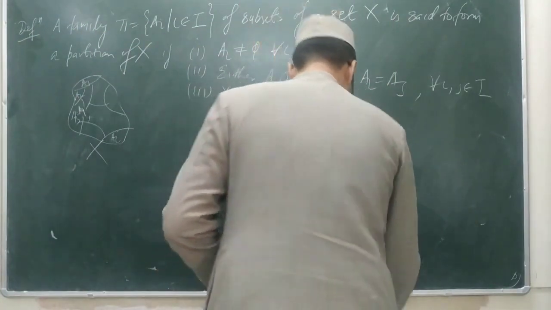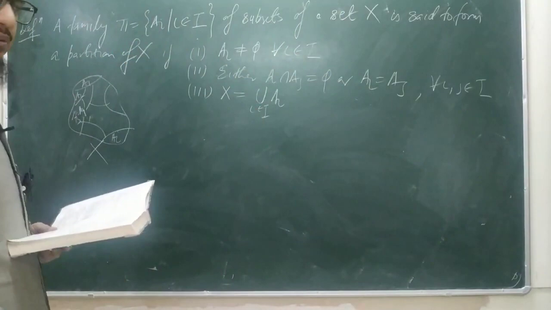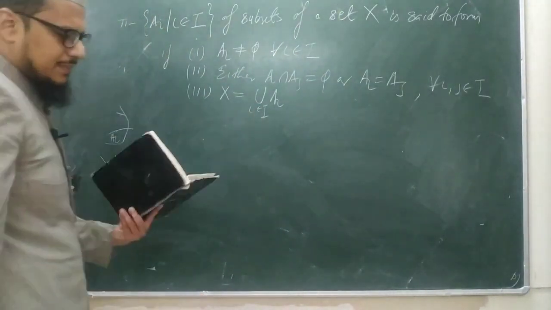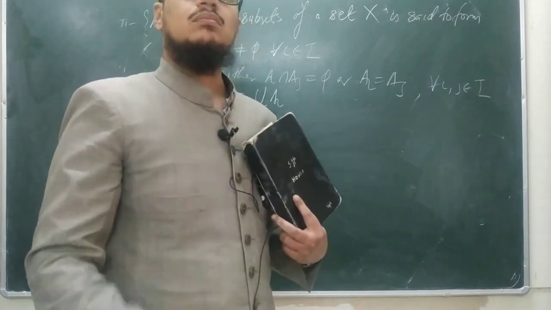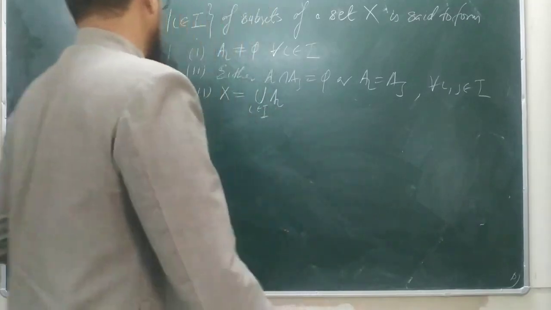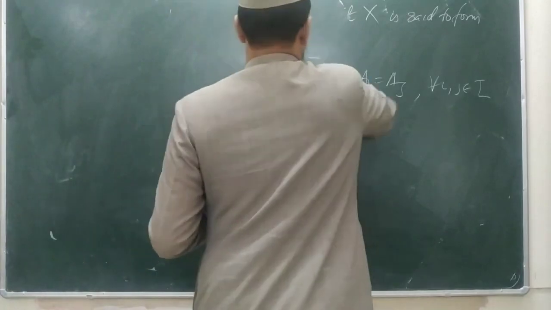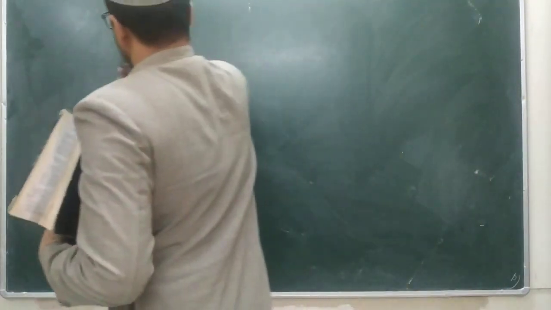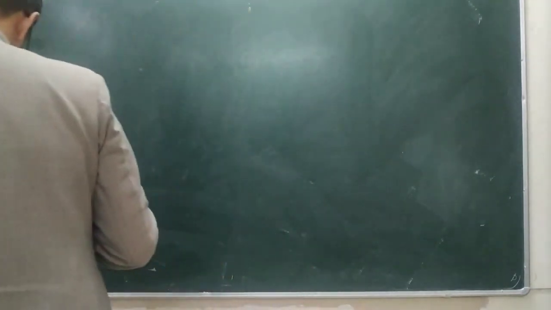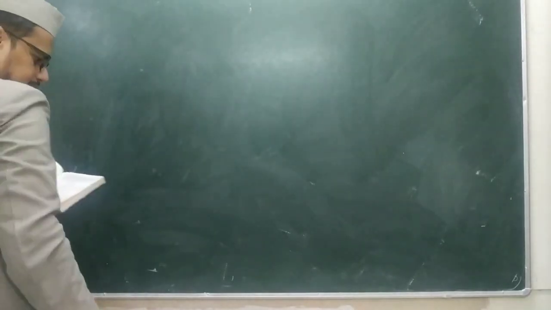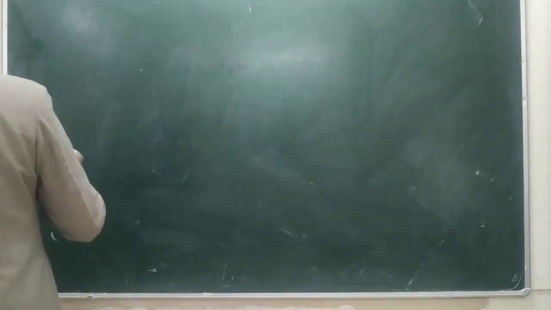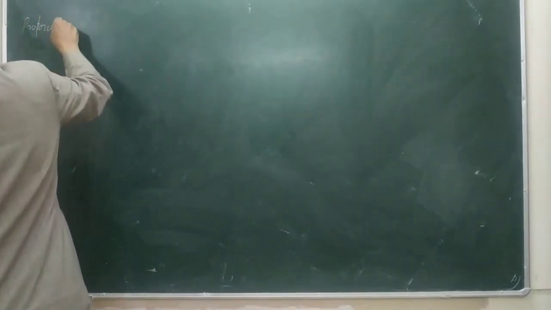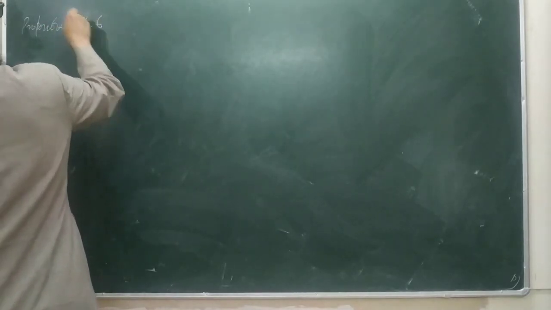Now we will do proposition 1.4.6, and also we will do examples, because you see in mathematics there are three things: definition, example, and related results, correct? First we will see proposition 1.4.6, page number 20.